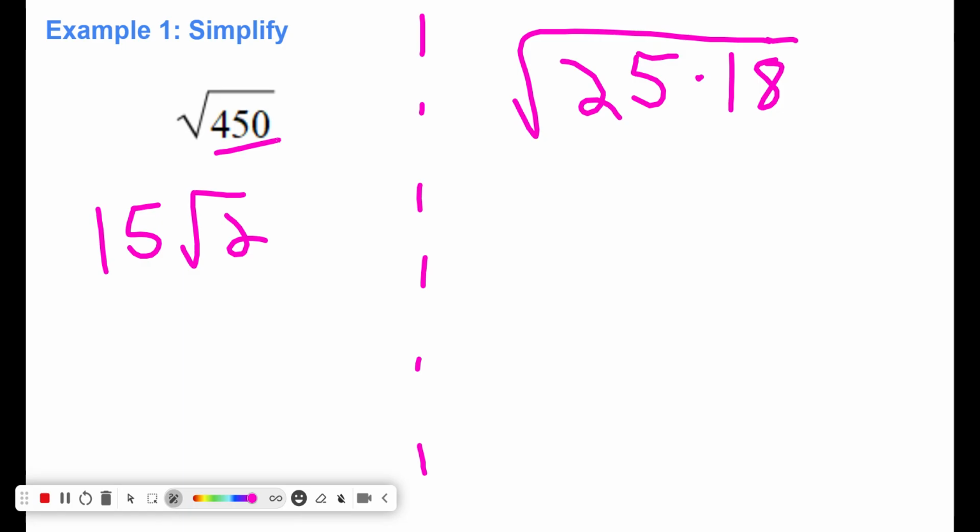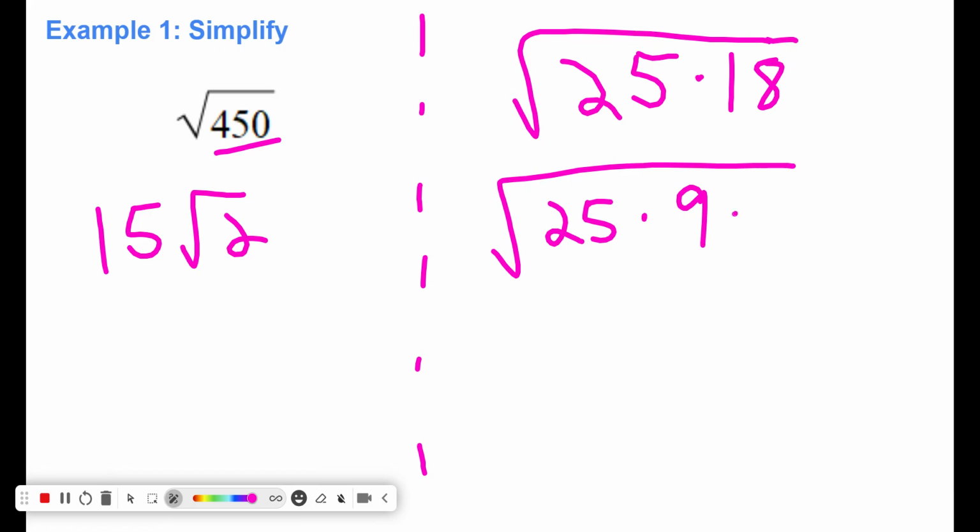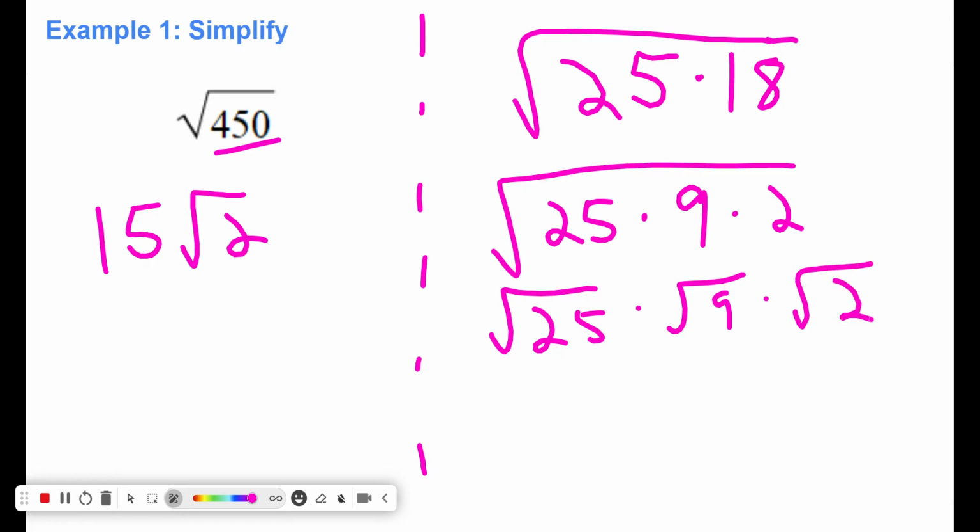This also, we can get to the same response. So square root of 25, that's good news. We also see 18 here. There is a perfect square in here as well, because we know that 18 is 9 times 2. So here we have the square root of 25 times the square root of 9 times the square root of 2.